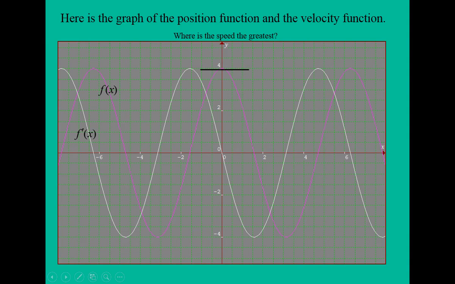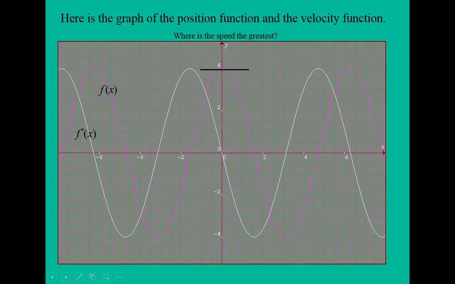Where is the speed the greatest? We're looking for where the velocity graph has the greatest value. So at 0, do you see the velocity graph? I'm sorry, I was looking at the pink graph. That's the position function. Now at negative pi by 2, do you see the velocity graph has a value of 4?